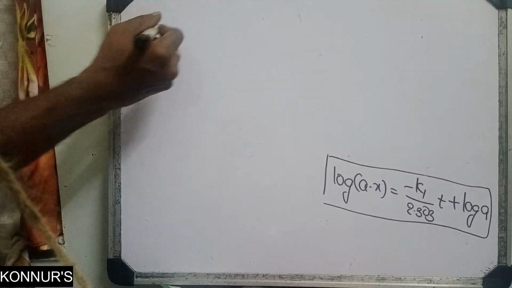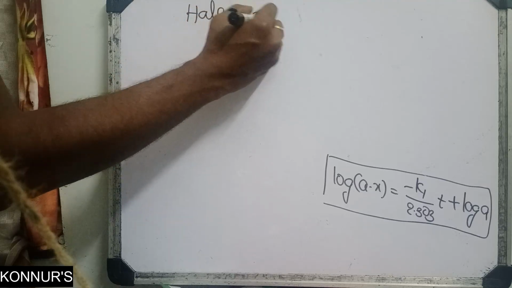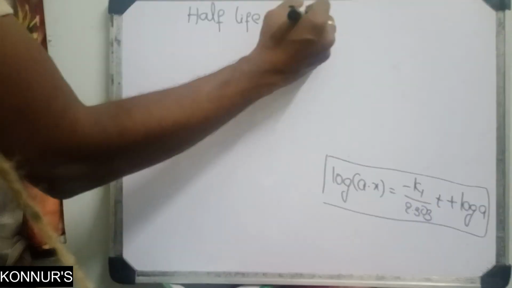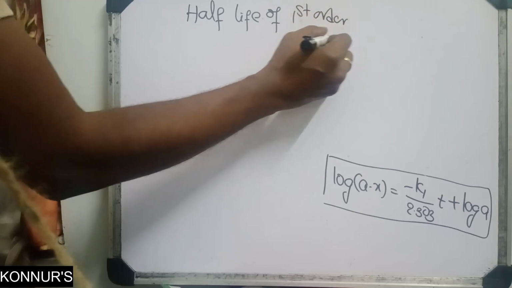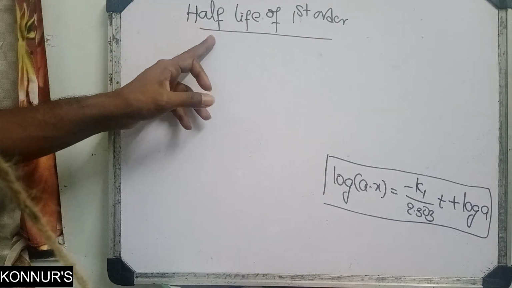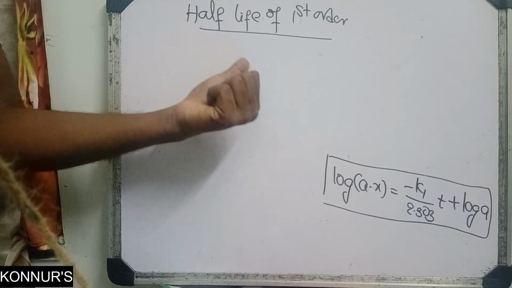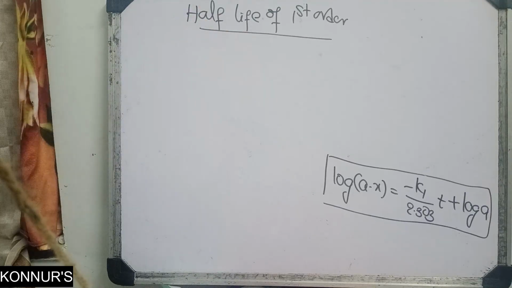Next, half-life. So half-life of first order. Which one do you call a half-life? The time required for half of the initial concentration to become product, that is the half-life.